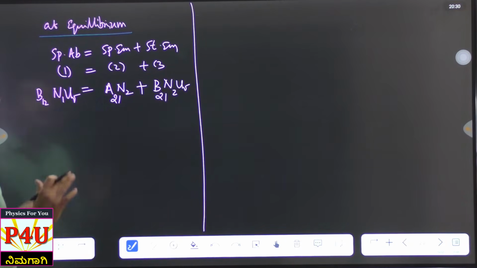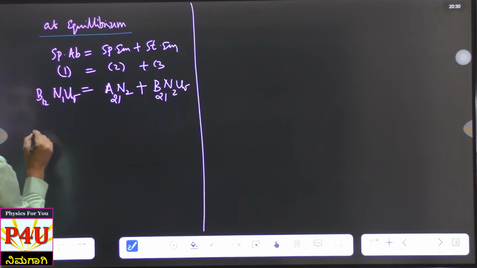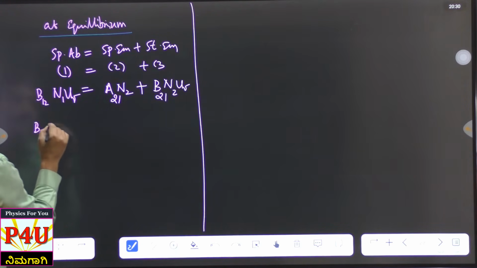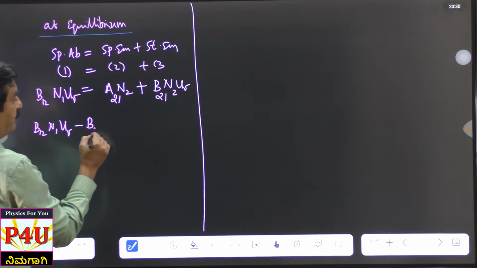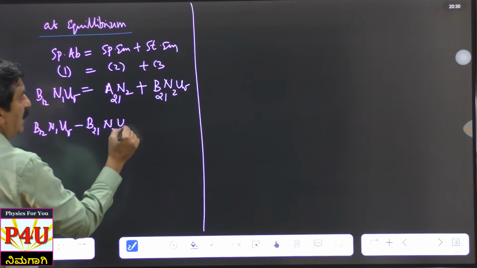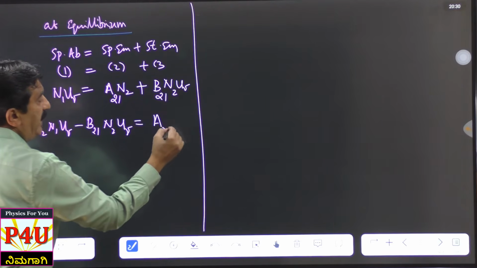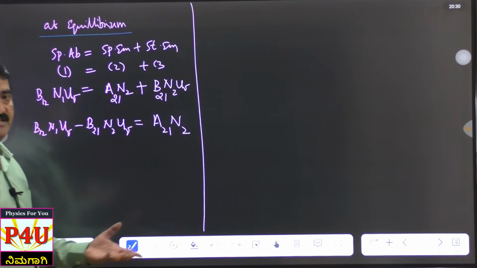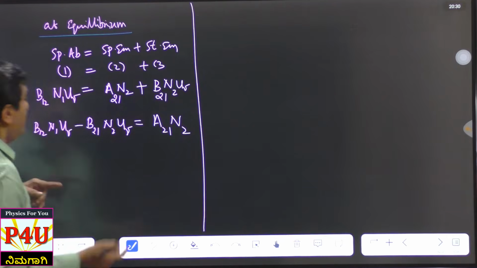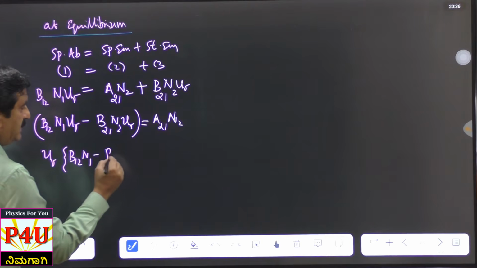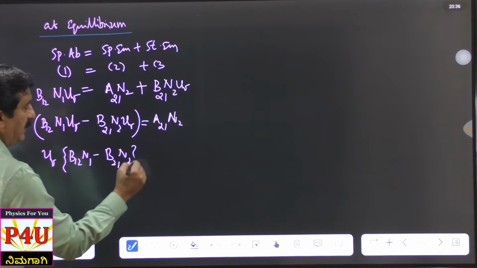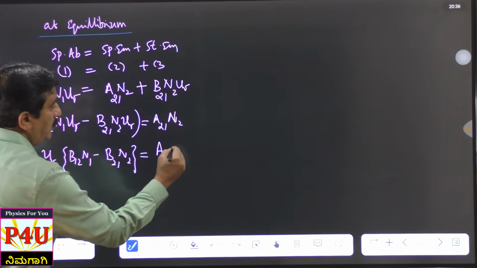What to do? First I will do one thing. Take u gamma to one side. Then B12 n1 u gamma minus B21 n2 u gamma is equal to A21 n2. So this is a very simple step. I transferred it to that side. Then I take u gamma as a common factor, into remaining B12 n1 minus B21 n2, is equal to A21 n2.